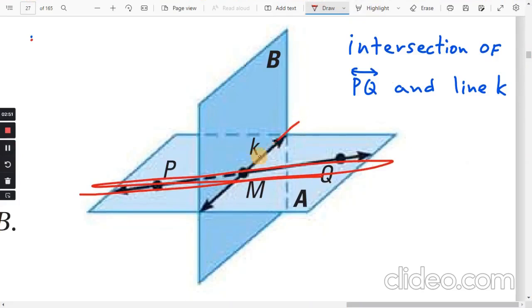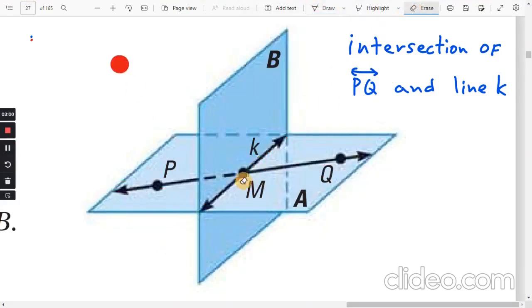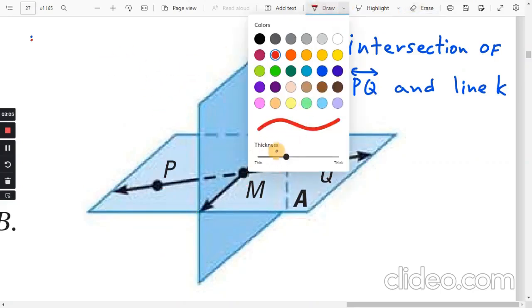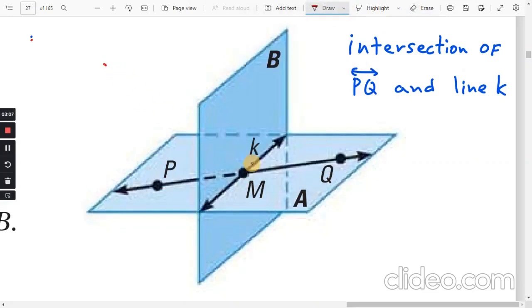And here is line K. And clearly, we can see they meet at that point right there. So that point in the middle where they meet is point M. Okay? So the intersection is point M.